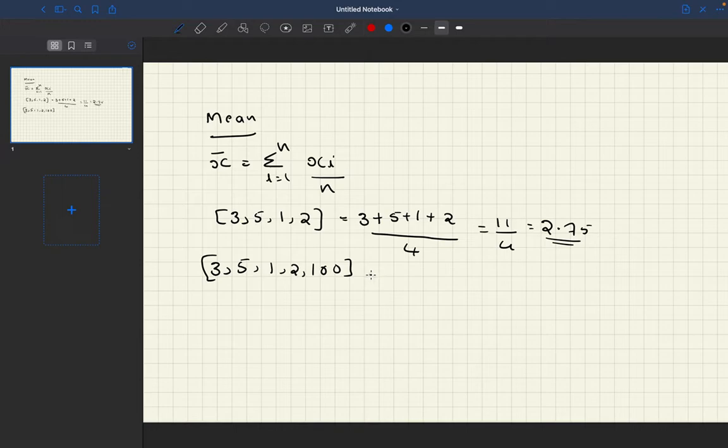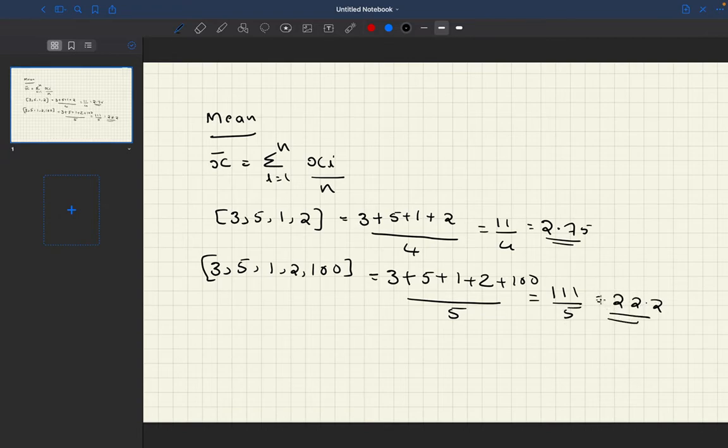Now we can calculate the mean of the data: 3 plus 5 plus 1 plus 2 plus 100 divided by 5, which is 111 by 5, equal to 22.2 approximately.